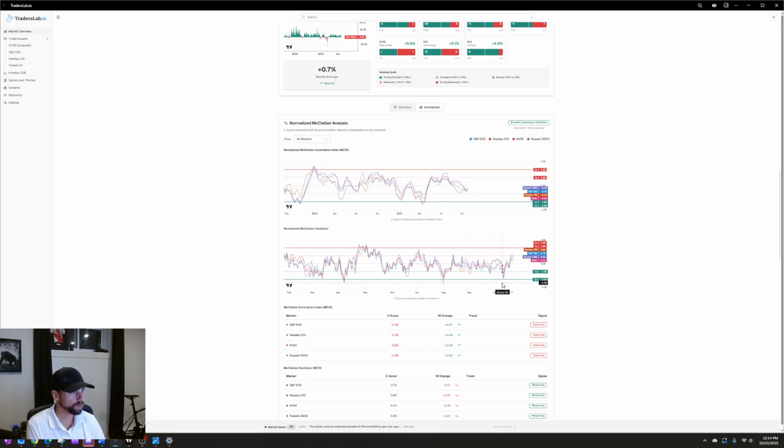The oscillator also gives a very good opportunity to position early in a trend on a reversal. Same using the z-scores or the normalization of the oscillator. So when you see that McClellan oscillator hitting 2 standard deviations, that's usually a pretty strong spot in the market where you don't buy everything.